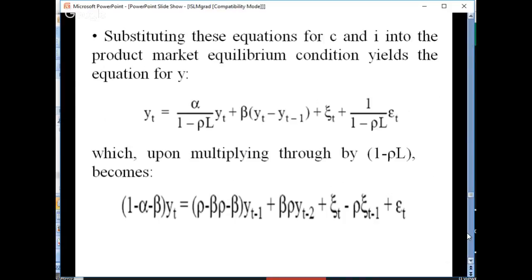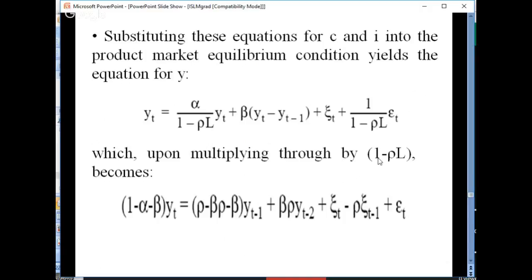Okay. So substituting the equations for C and I into the product market condition yields an equation for Y. So I get Y_t is equal to this minus this, which is our investment function, our consumption function, and then the two error terms.